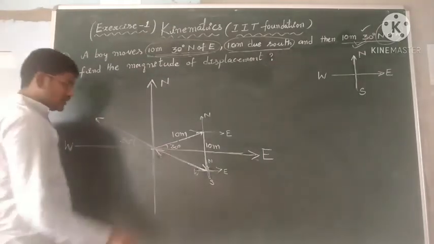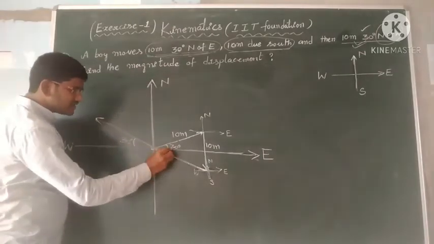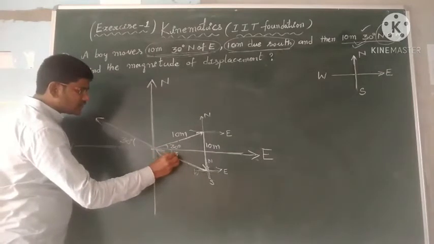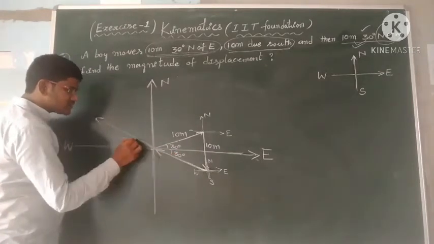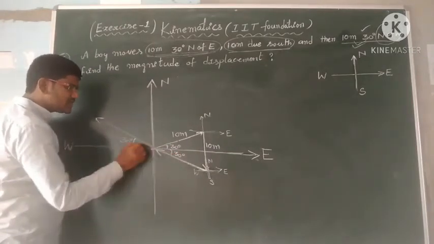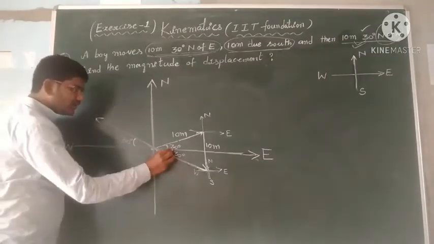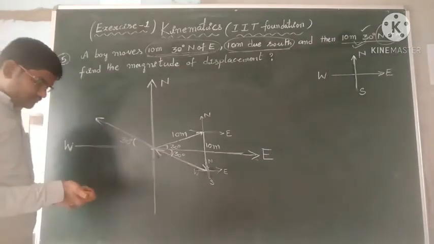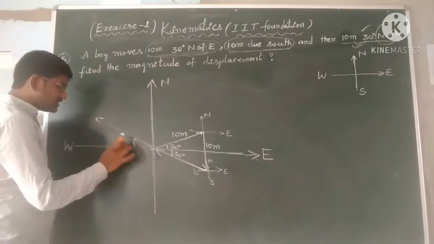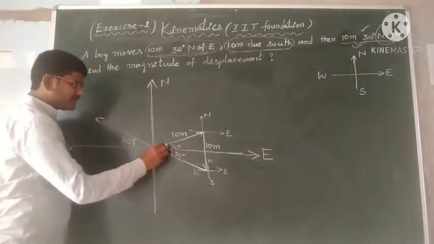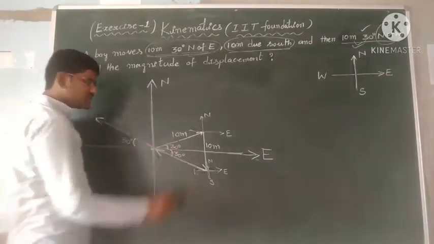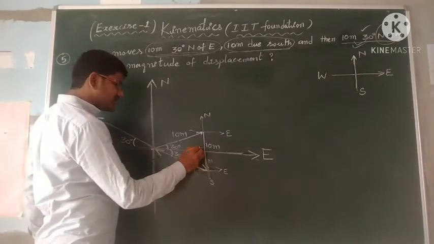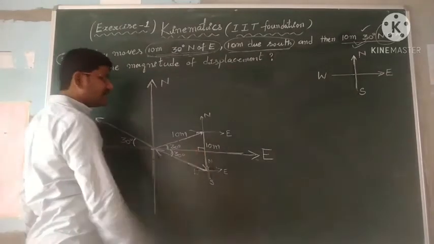Now you know this is 30 degrees means this is also 30 degrees because these two are vertically opposite angles. Vertically opposite angles are equal. So this is 30 means this is also 30. 30 plus 30, 60 degrees you will get. Then this is 90 degrees.